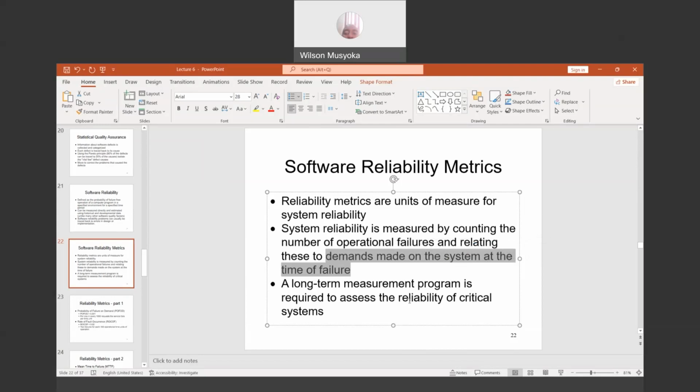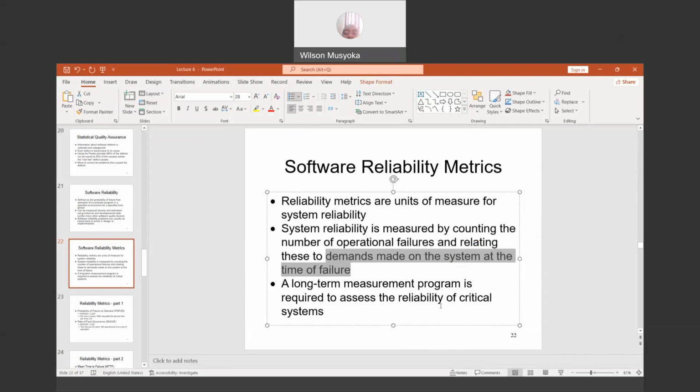Imagine we are looking at the system that is normally used to release results to students. During the exam time, that system is not used so much. But after results have been released, let's say it is KCSE or KCPE, everybody is sending requests to the server, and the server might be overwhelmed. It may be stressed.